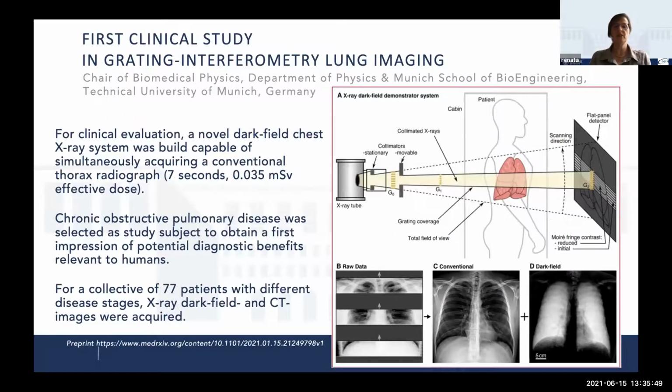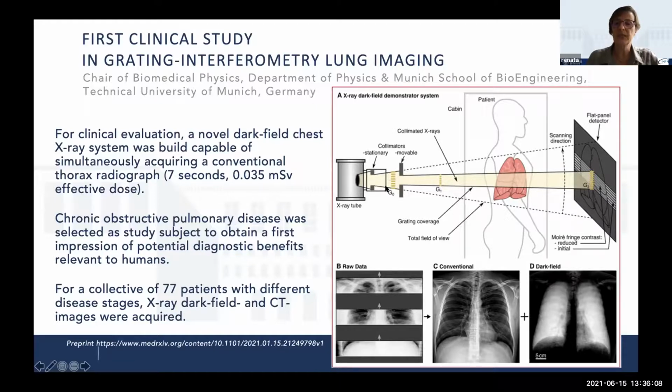And now this is my last slide. In Munich, Professor Franz Pfeiffer developed the first clinical study in grating interferometry, a lung study. So this is what happened.